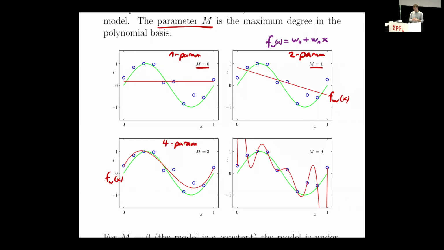Maybe these blue points came about by taking a sine function and then adding a bit of noise. If that happened, then here we're trying to find some red model which is close to the truth, the green one. And this one does seem to be pretty close.